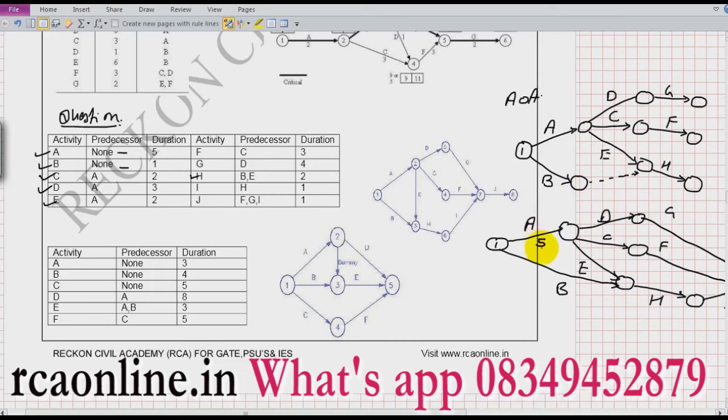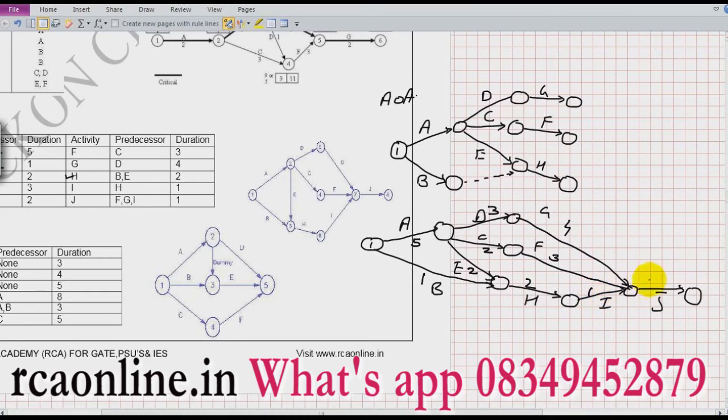So A is 5 and B is 1, then C is 2, D is 3, E is 2, F is 3, G is 4, H is 2, I is 1 and J is 1. Okay, so this is about the network.